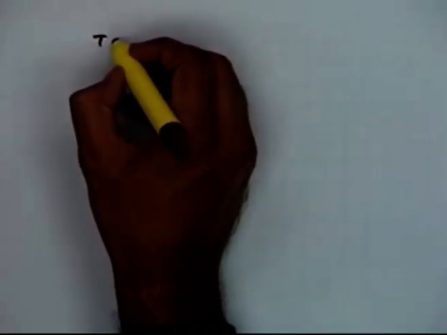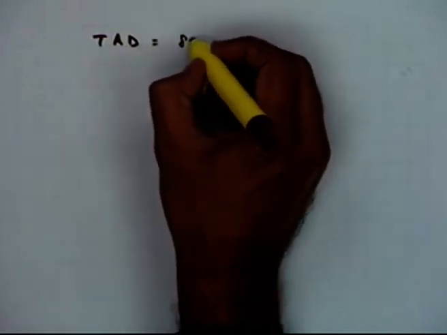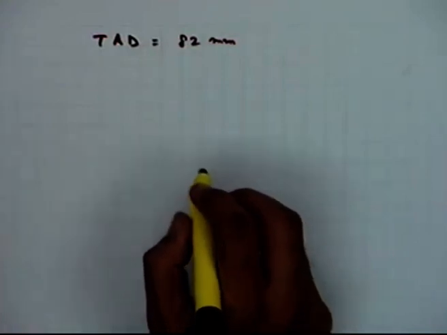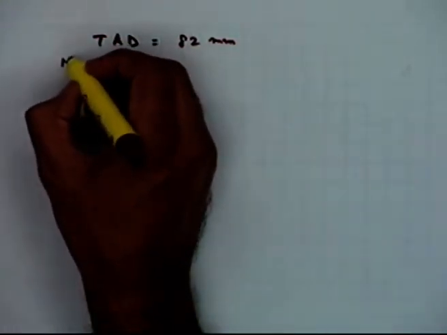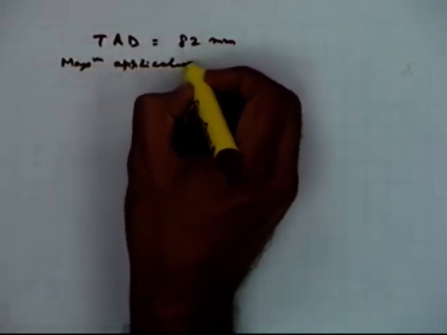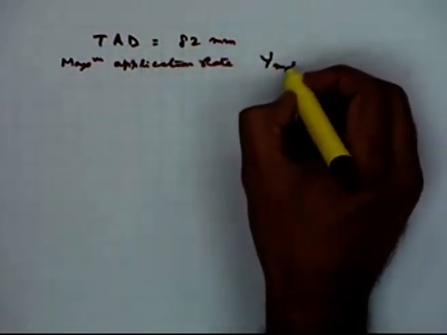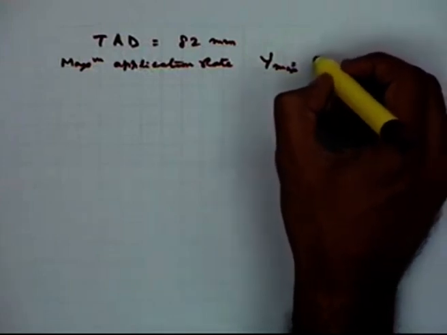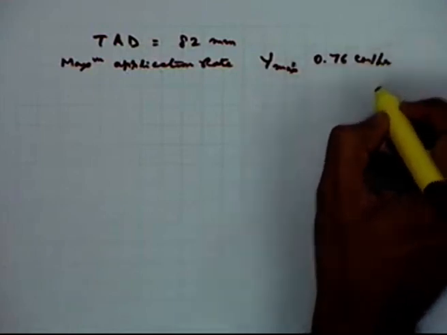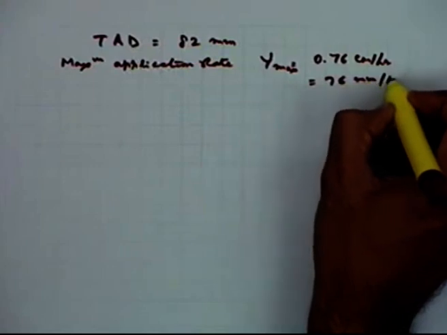The total allowable depletion is 82 millimeters, and the maximum application rate, let me call it Y max, is 0.76 centimeters per hour or 76 millimeters per hour.